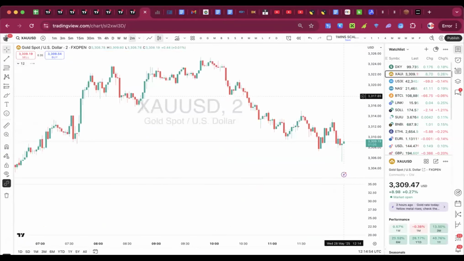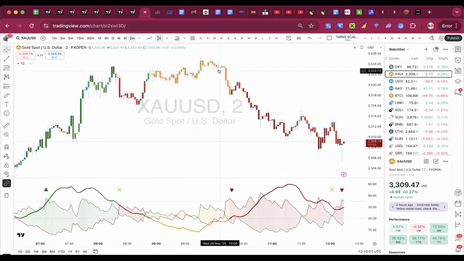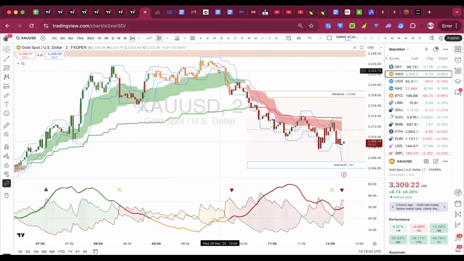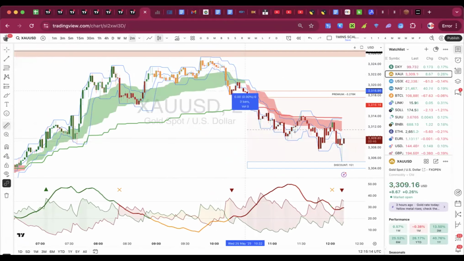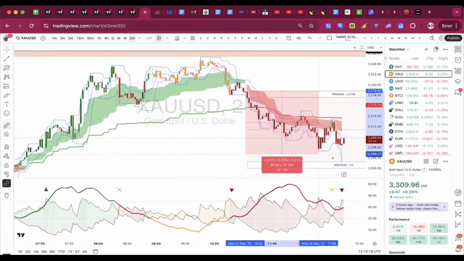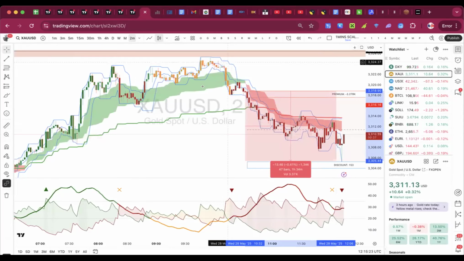Look at my scanner had actually detected gold earlier. It's coming up, so it asks you to sell gold from here. If you sell gold from here, let's see how many pips. That's 130 pips. So even your stop loss can be high. 130 pips.